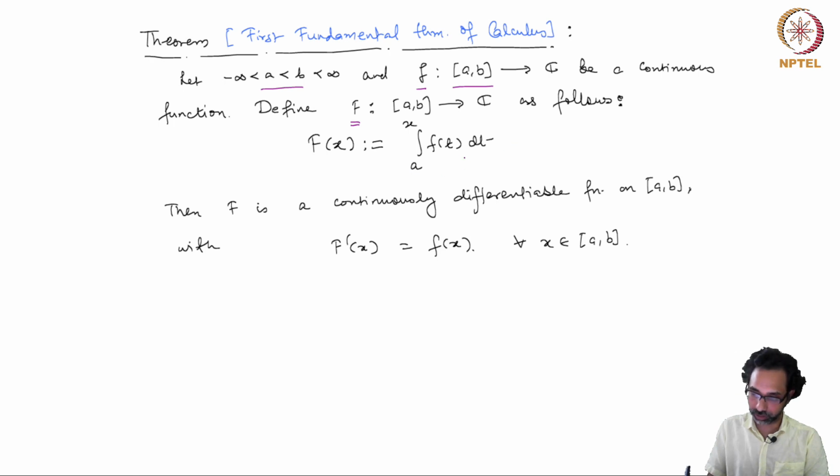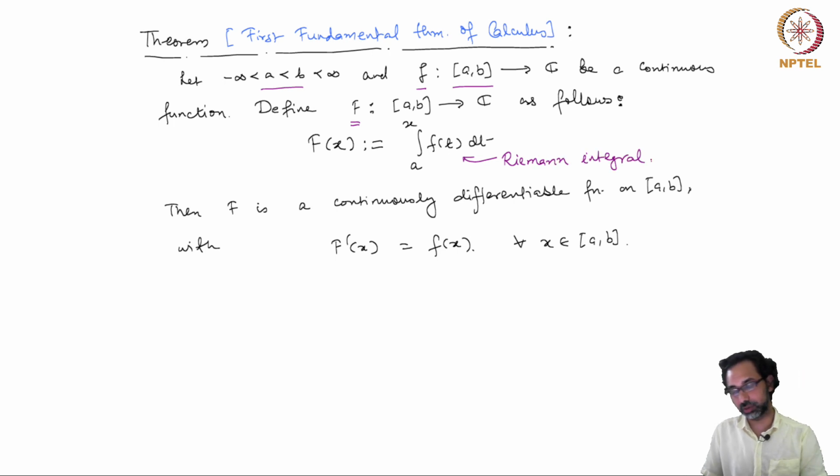So this here is a Riemann integral because it's a continuous function on a compact interval, so the Riemann integral is well defined. And so for any x in [a, b], you can define this function, which is the Riemann integral function for small f(t). And now the statement for the first fundamental theorem says that if you differentiate capital F, then you should get back the original function small f.